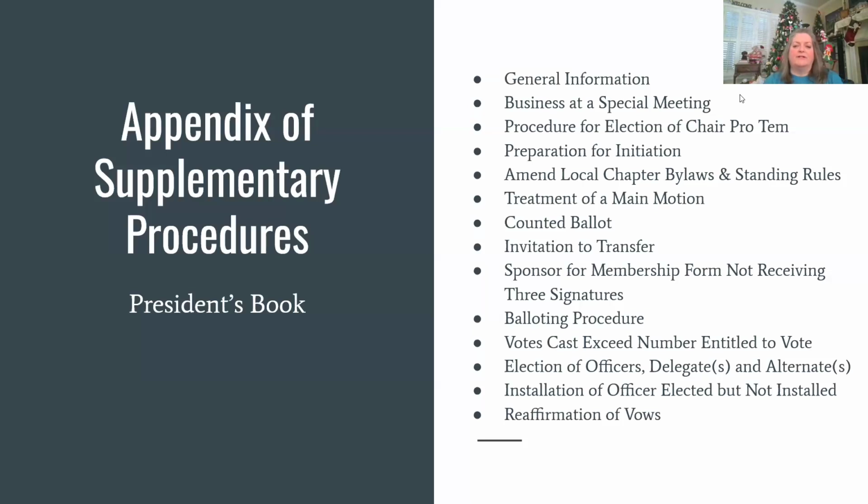There's information on preparing for initiation, how to amend your local chapter bylaws and standing rules, how to treat a main motion, counted ballots, an invitation to transfer, sponsor for membership form not receiving 3 signatures, balloting procedure, votes cast that exceed the number entitled to vote and how you handle that. And then the procedure for election of officers, delegates, and alternates.